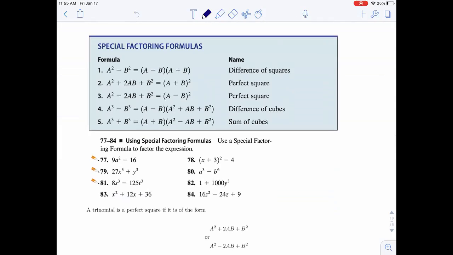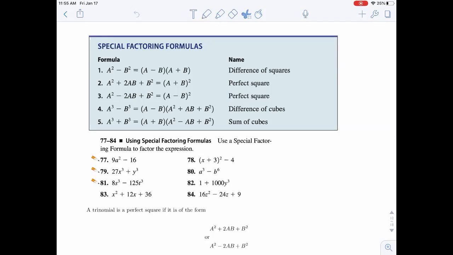If you're comparing your special product formulas with the special factor formulas, these are all the same. It's just that for the special product formulas, we have this equals this. For factoring, they're going to be a little bit more useful to be able to recognize. Being able to recognize that I could rewrite that as a squared minus b squared, for example, then you would know how to factor it, as a minus b times a plus b.